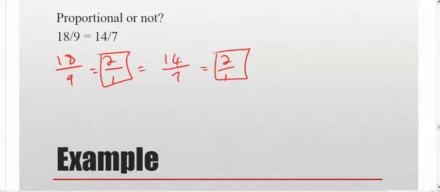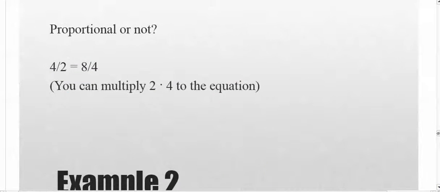And if you want to check, again, by using the multiplication property of equality, well, for another example, I mean, I messed up. Okay, one sec. Oh, right here, sorry. That was my bad. So you can multiply 2 times 4 to the equation. So you do 4 divided by 2 times 2 times 4.